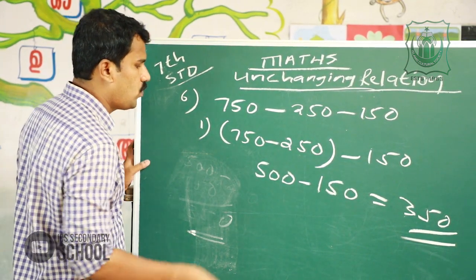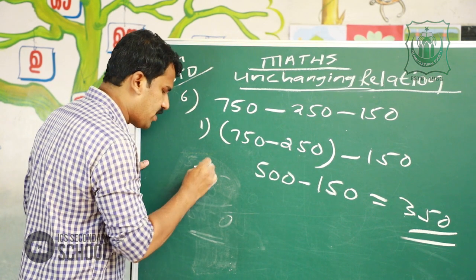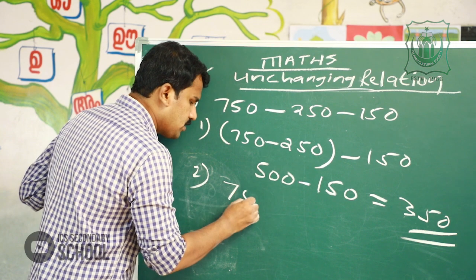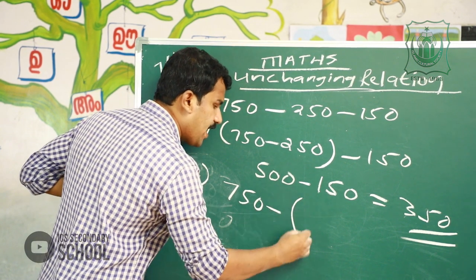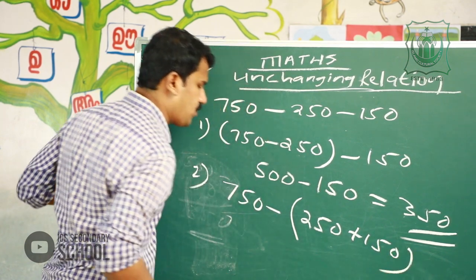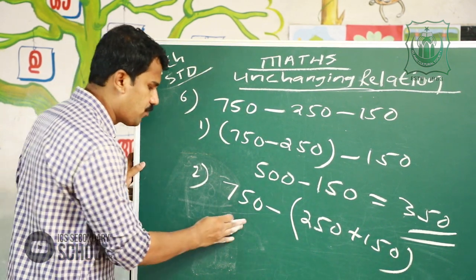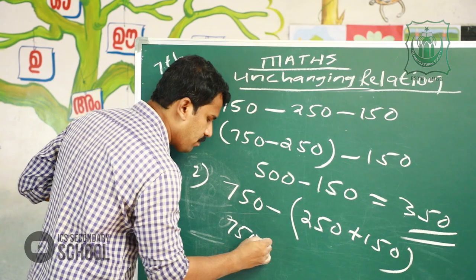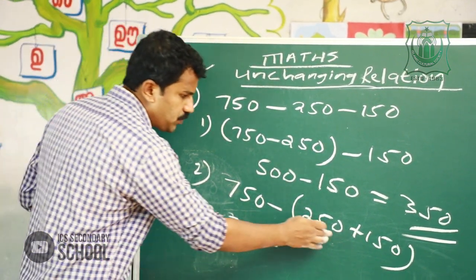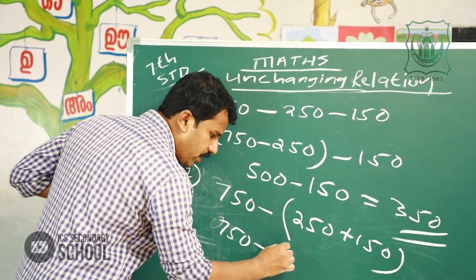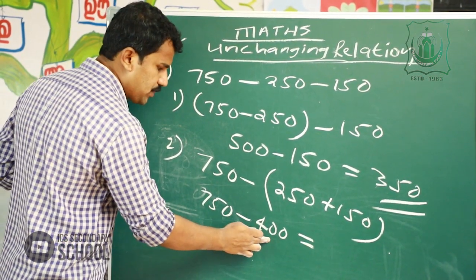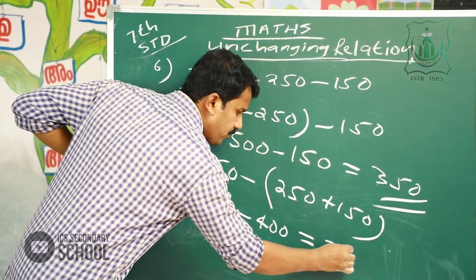You can do this same problem by the second method. How can we solve it? 750 minus, in brackets, 250 plus 150. 250 plus 150, that is 400. Then 750 minus 400, that is 350.